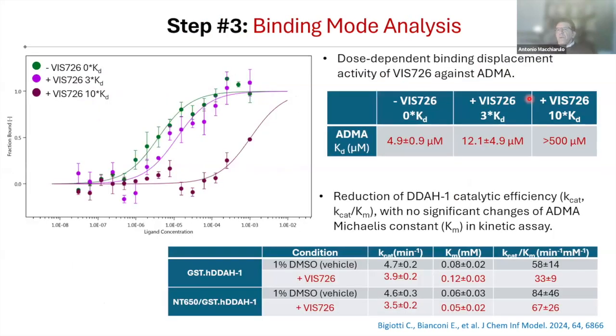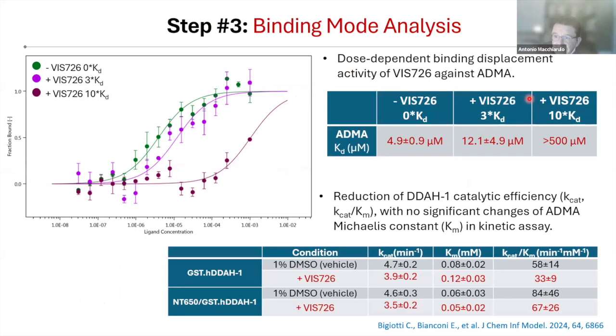Next, we ran additional MST experiments to understand the binding site of these compounds. Of course, from the docking results, we may expect that the binding interaction occurs in the catalytic site. But to confirm this assumption, we ran ligand displacement assays.